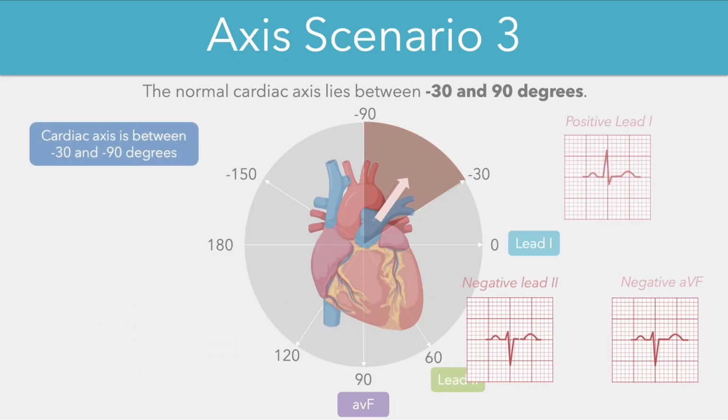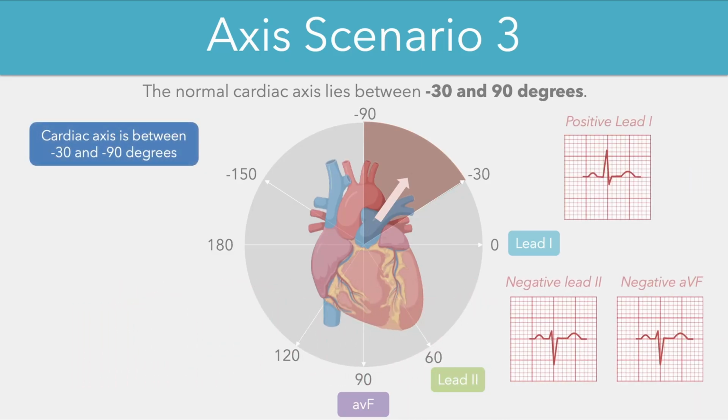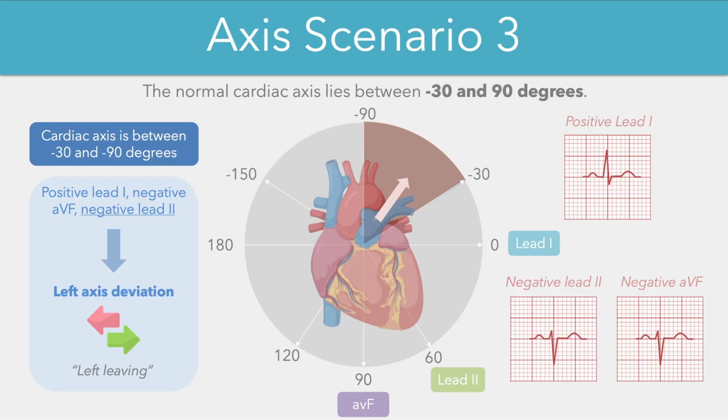Summarizing all of this, we can say that if we have a positive lead 1, a negative lead AVF, and importantly a negative lead 2, this all indicates a left axis deviation. And this can be remembered by the phrase "left is leaving", because the QRS complexes in lead 1 are going in the opposite direction to the other two leads.